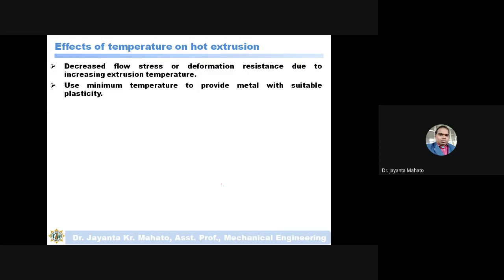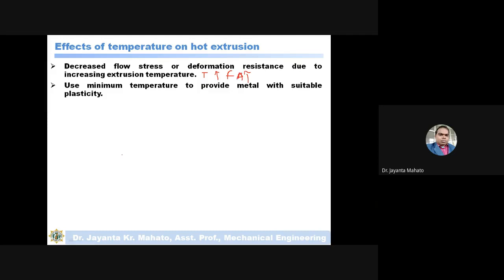The stress required to deform the material will reduce because by increasing the temperature, the flowability of the material will increase. Means the material will get easier to flow. When you increase the temperature T, the flowability will also increase. Flowability of the material.